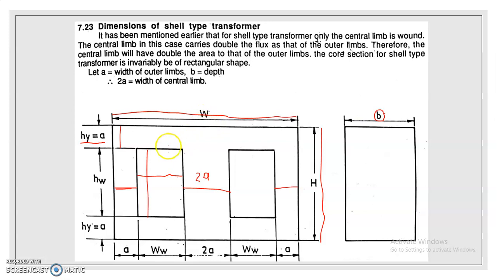Capital W is the sum of small a plus WW plus 2 times A plus WW plus again small a, that is 4 times A and 2 times WW.